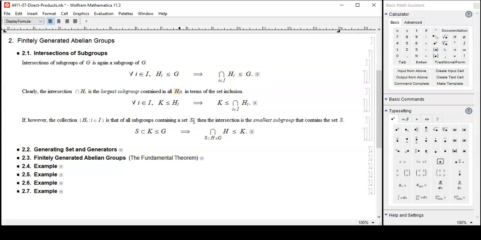If you look at it from a certain set, and the collection is not just some subgroups, but the collection of all subgroups containing that starting set S, which we call the generating set, by the way, in 2.2, in that case, the intersection is the smallest subgroup. So the intersection has two aspects. It's the largest and the smallest at the same time, but that's because of the change of viewpoint.